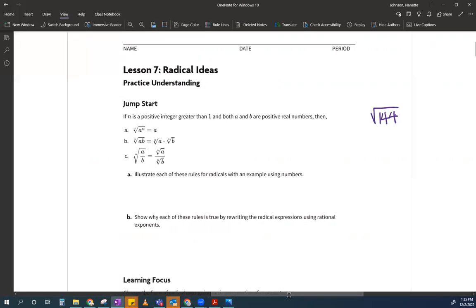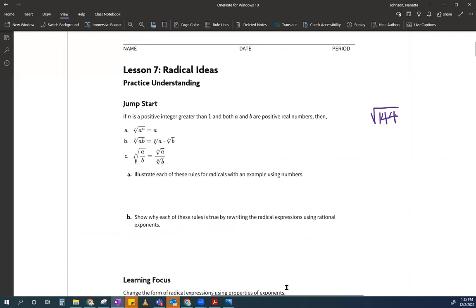When I break down the square root of 144, I break it down into its parts. What times what gives me 144? Someone says 12 times 12, Miss Johnson, and I'm going to say yes. And if you said 9 times something, or even 2 times 72, that works too.